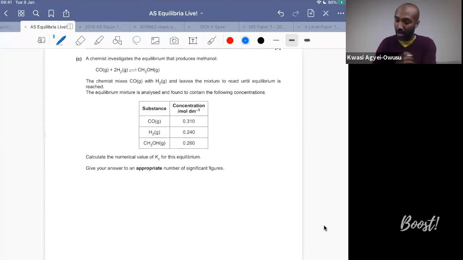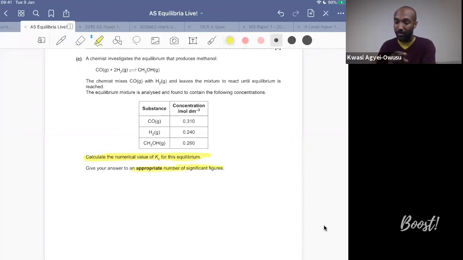In this problem, we've been given equilibrium concentrations for the different species, and we're asked to calculate the numerical value of Kc for this equilibrium. So if we highlight the main part of the task, that's what we're interested in, and we want to give our answer to an appropriate number of significant figures.